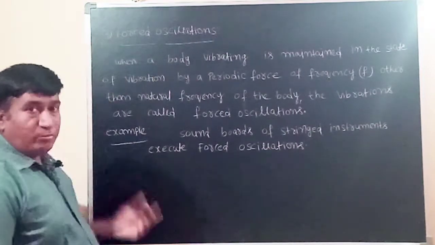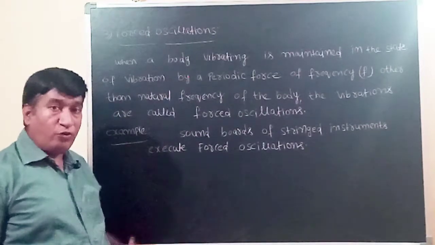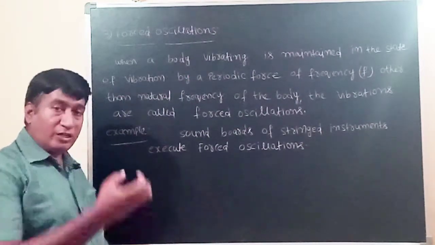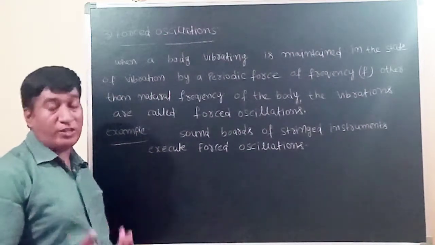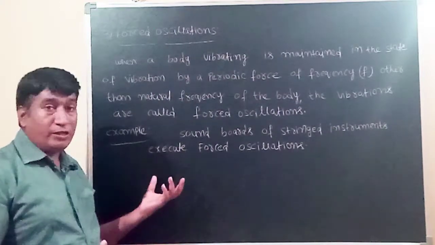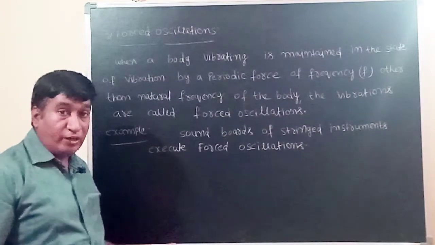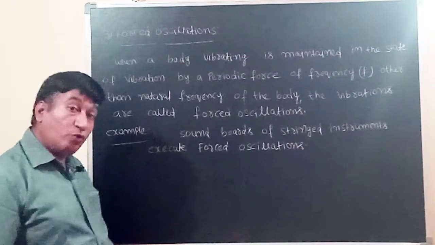For this, an example we can take: if you take a desk and put a mobile on it in vibrate mode, and then the phone is ringing, that mobile has its own natural frequency, but here the desk also vibrates. Such vibrations we can call forced oscillations or forced vibrations.